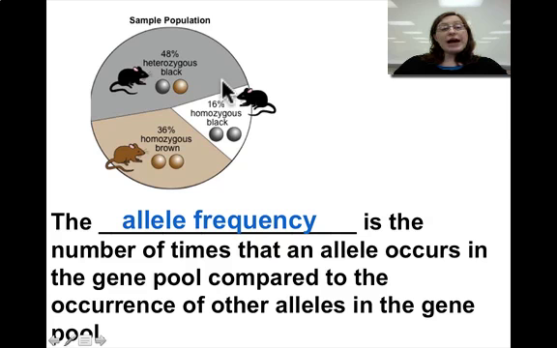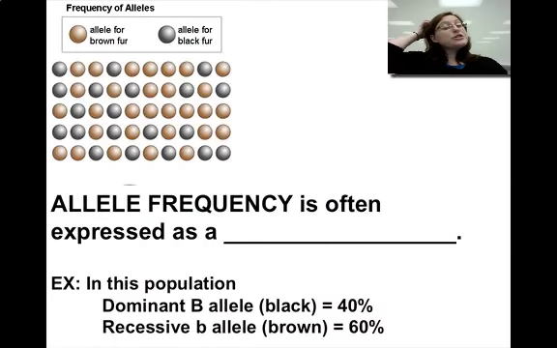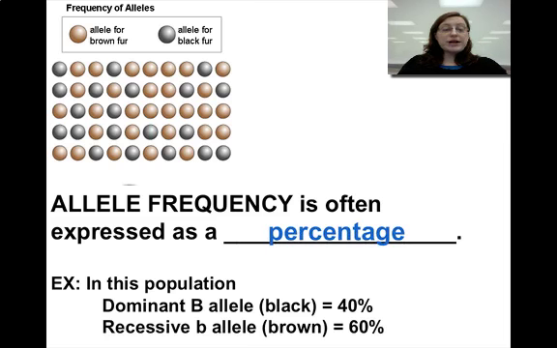So when we start adding up the amount of alleles, we need to take two alleles for each individual from the homozygous black, and then also one allele for each individual from the heterozygote because they're going to carry one of those alleles as well. Okay. So what you could do is you could count up the number of alleles and then we express that as a percentage.